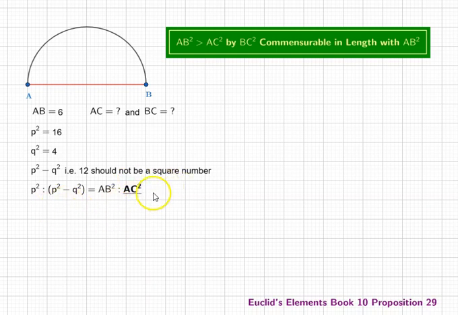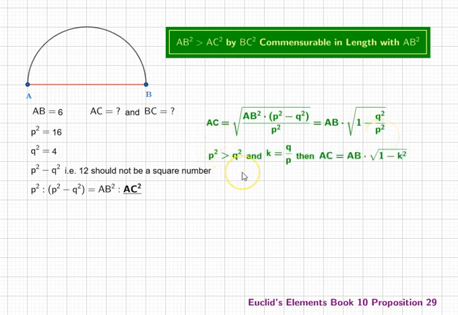Now we know how to arrive at AC. Product of extremes is equal to product of the means. So AC square is equal to AB square times p square minus q square by p square, and taking the square root, when we simplify it becomes AB times square root of 1 minus q square by p square.